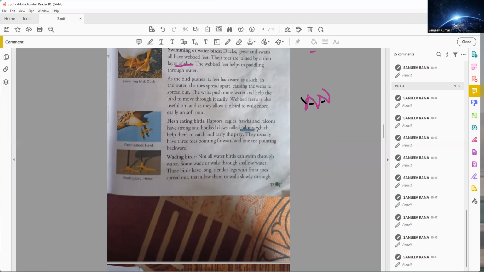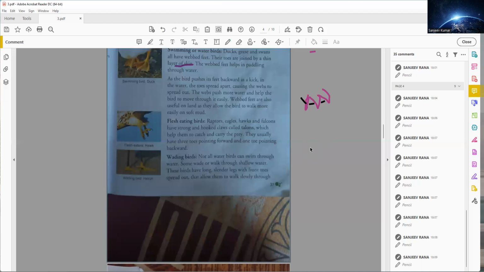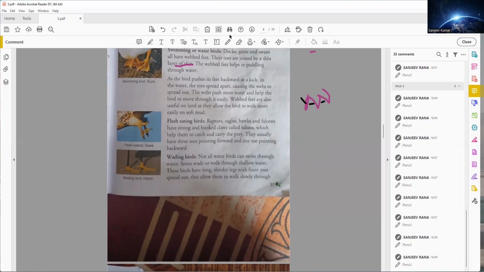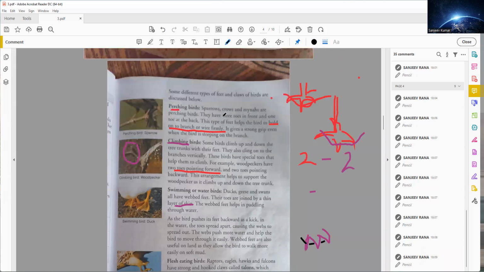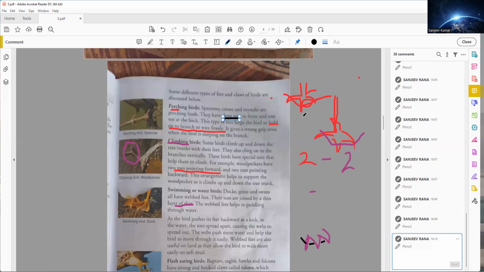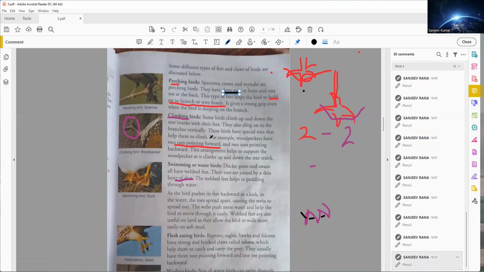Now, what is important in this? Just read it, they help them to catch and carry the prey. They usually have 3 toes pointing forward and 1 toe pointing backward. See, in perching we read that there are 3 toes in front and 1 toe at the back.